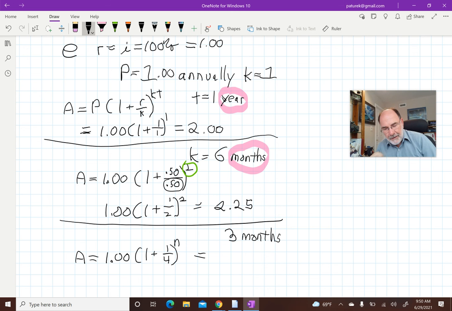Great. And you put into your calculator, what is 1.25 raised to the 4th power? I wrote n. I should replace this n with the number 4. And I get 2.441. Another correct number. Woo! I'm getting right answers. I'm just not explaining correctly how I get those right answers.